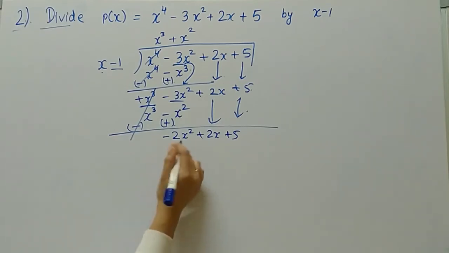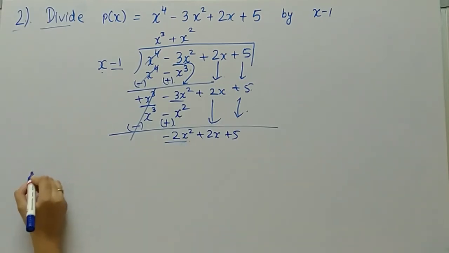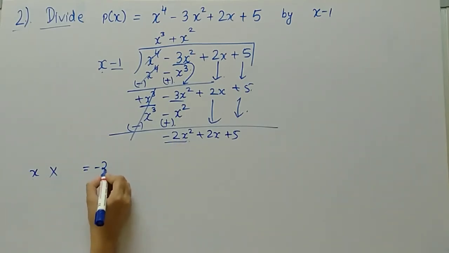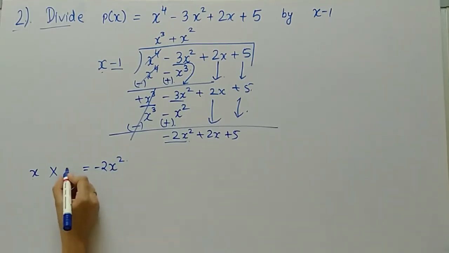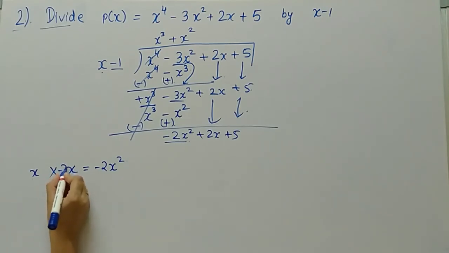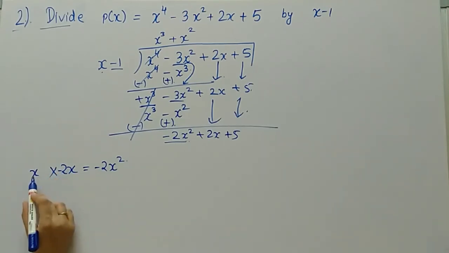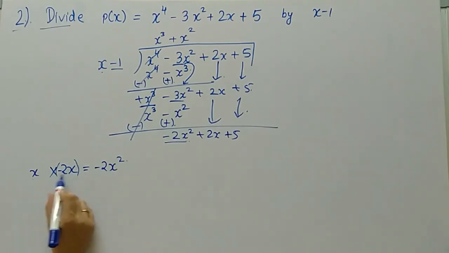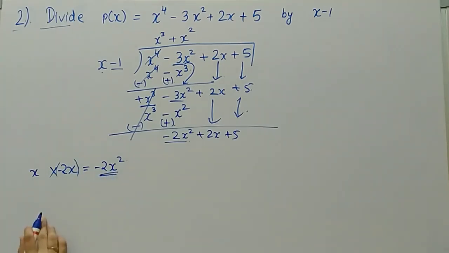So now again we have to think of a number which when multiplied with x, we will get minus 2x square. So minus 2x. So x multiplied with minus 2x will give minus 2x square.